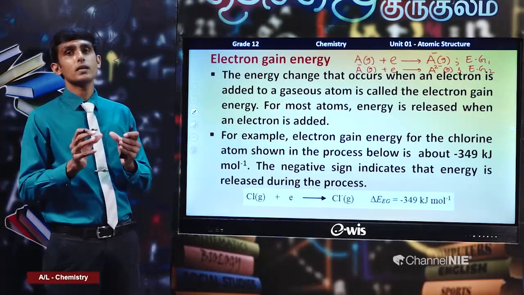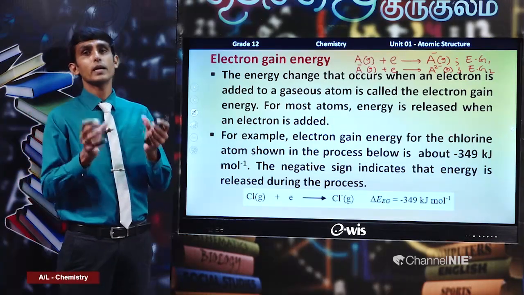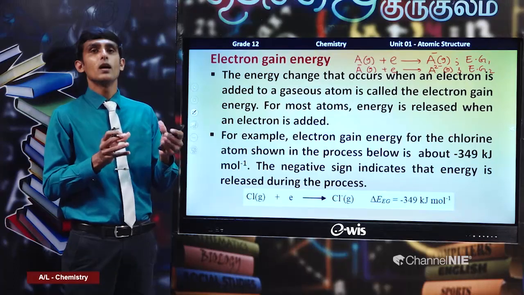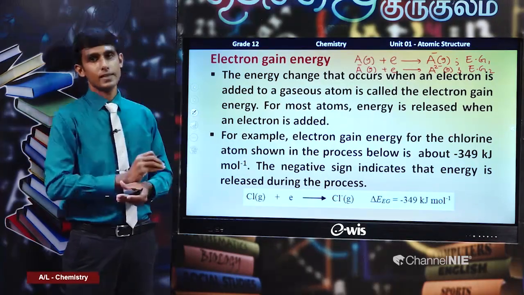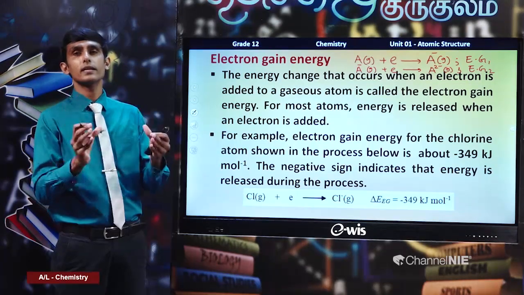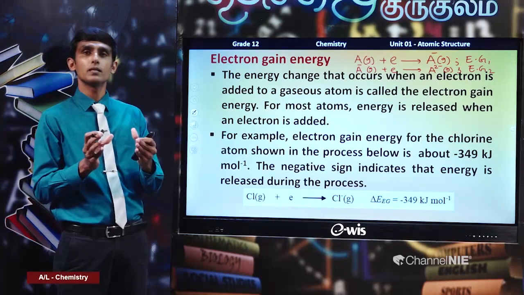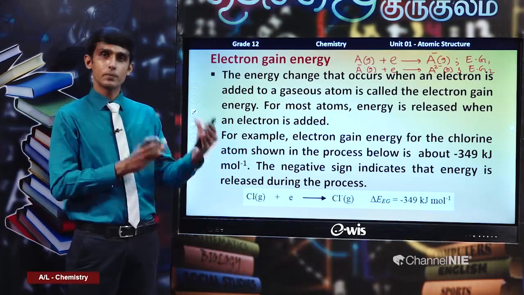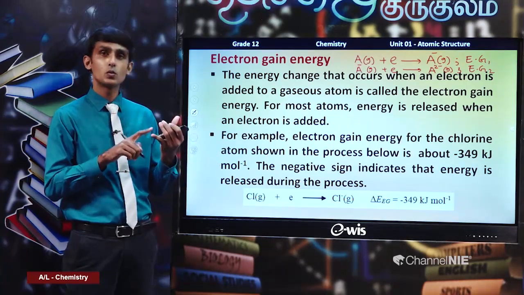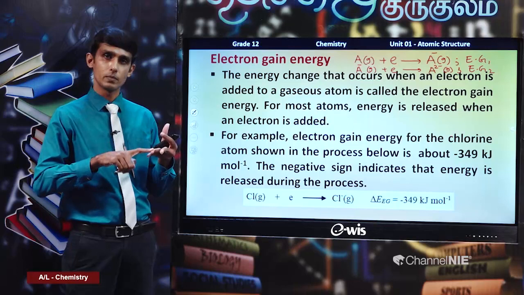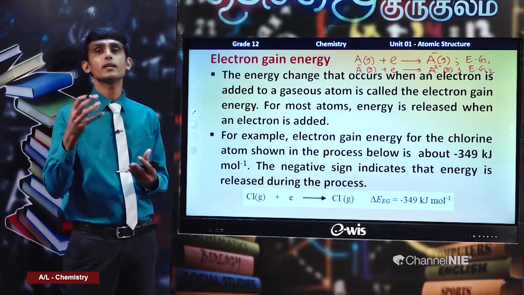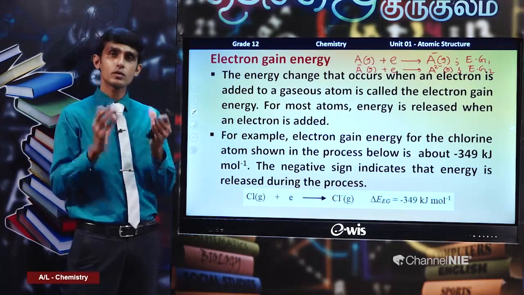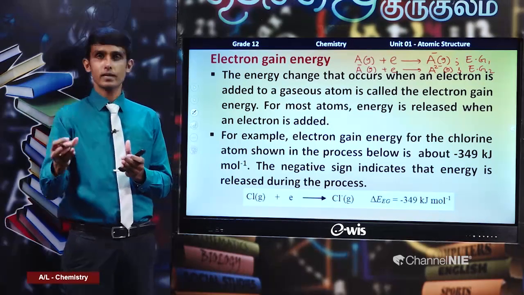As a result, for some of these elements we need to provide energy in order to add the first electron. That means the first electron gain energy for certain elements is endothermic, especially group 2 elements and group 18 elements. They have positive electron gain energies. Exothermic values mean negative electron gain energies.